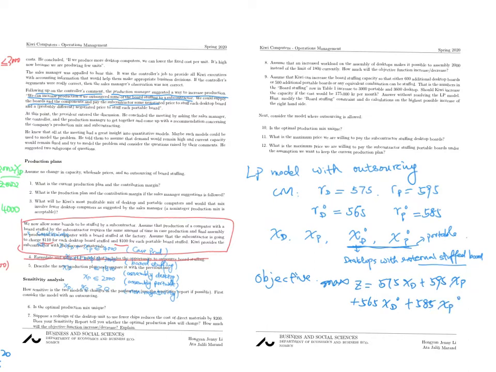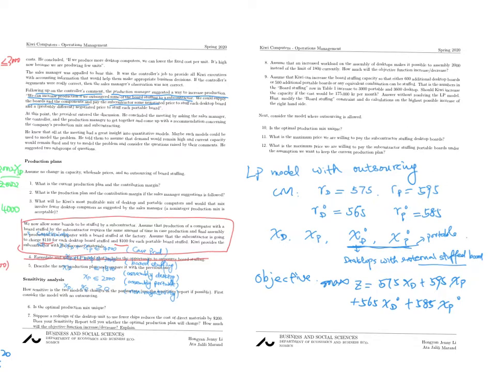That's our new objective function. The constraints also changed. The main change is in the total production; the board staffing in-house is not changed.